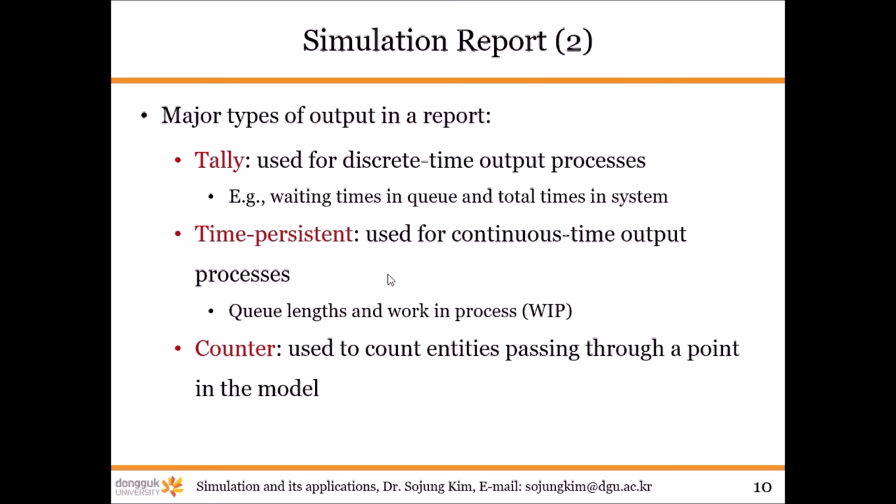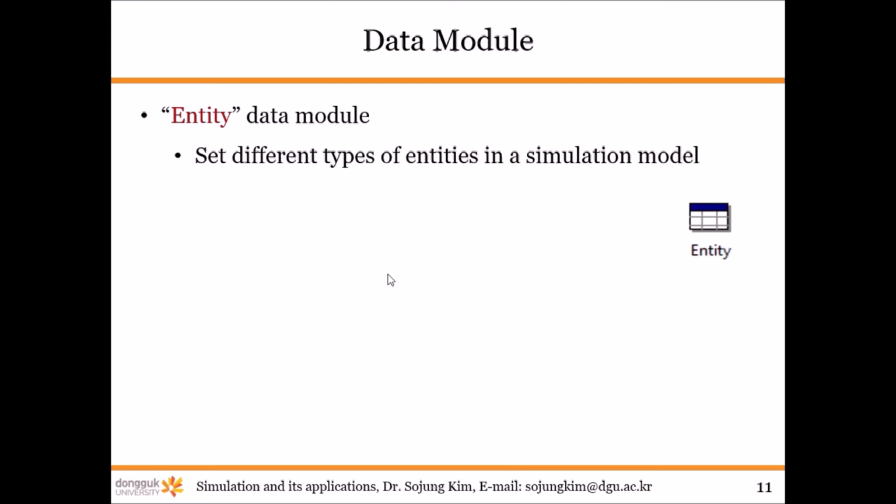And also you have a counter. Especially for the counter, what do we use this for? Counting the number of entities passing through a point in the model. You can use a counter with different modules such as Record, but I will explain that one in the future.